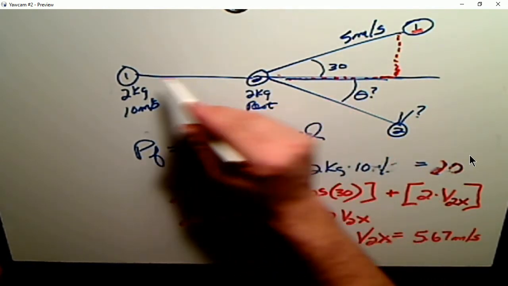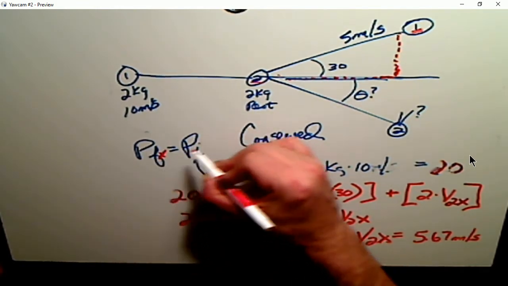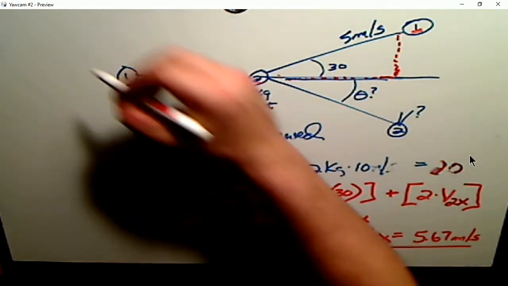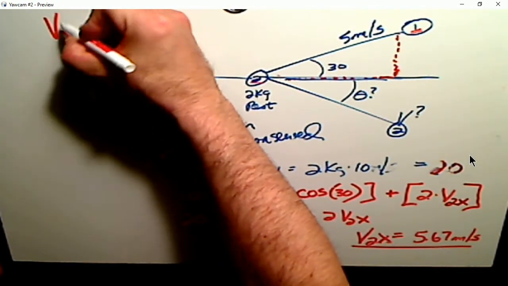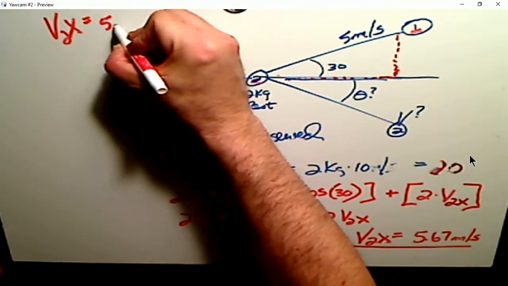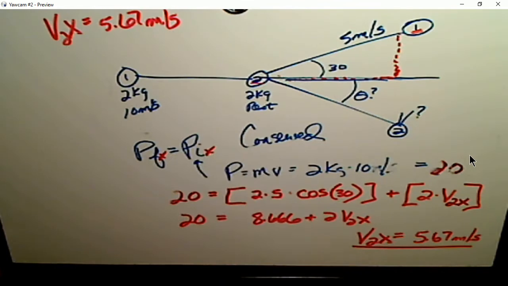What's happening in the y direction? This is in the x. So I'm going to write this down here. So we know the velocity of ball 2 in the x now must equal 5.67 meters per second. Okay?